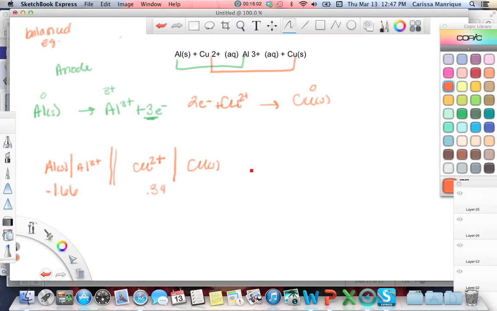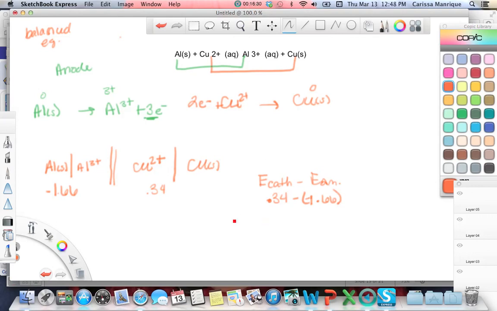So if we plug it into cathode minus anode, we would get cathode is 0.34, anode is negative 1.66. Notice I'm not changing the sign because I'm putting it in this formula here.